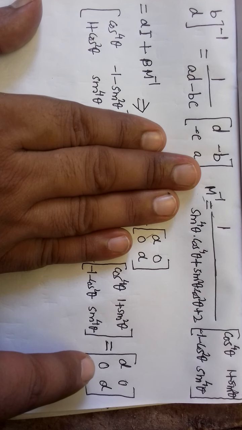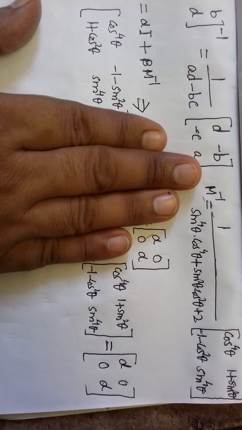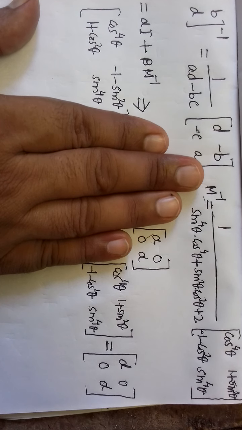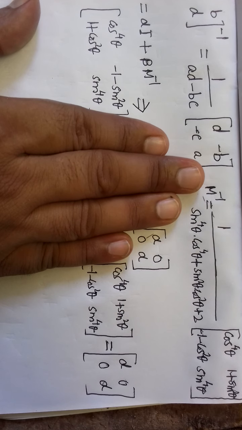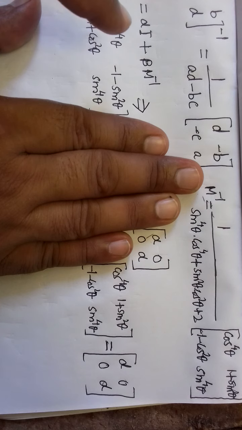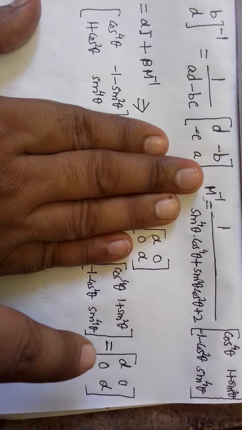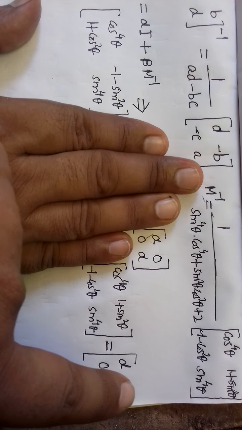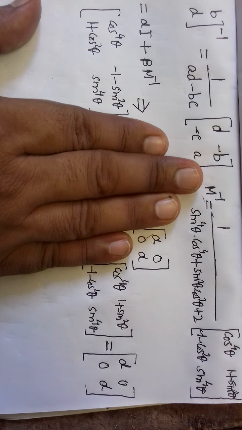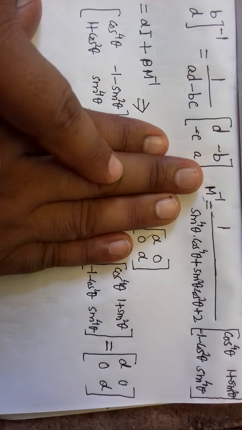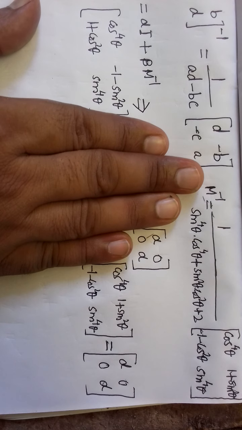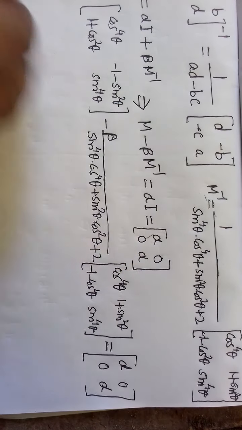So the sum of these two matrices gives us 0 at both places. So if we have plus 1 at the covered part, equality holds.